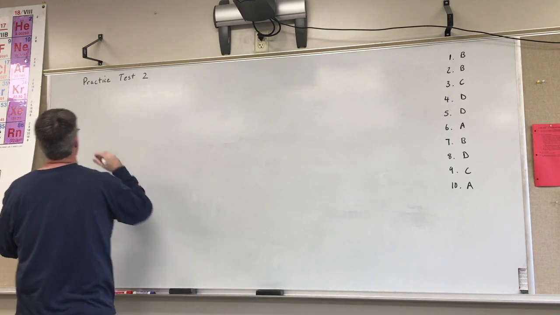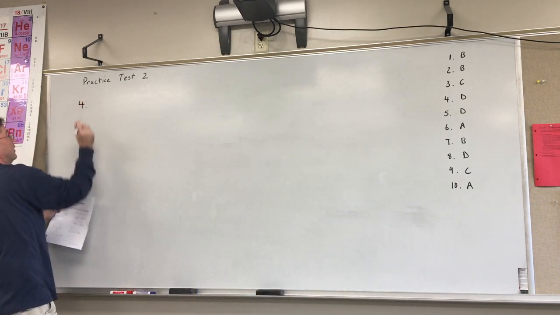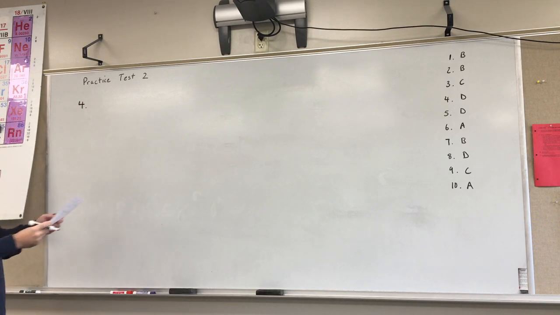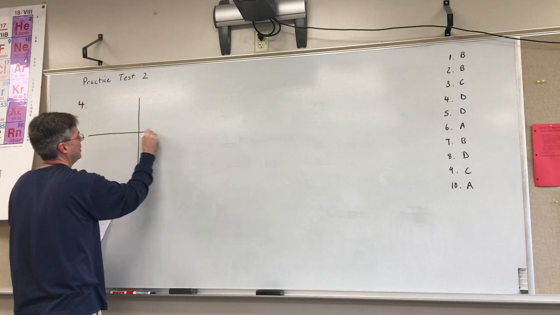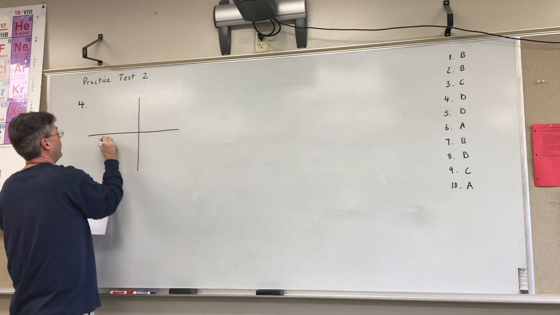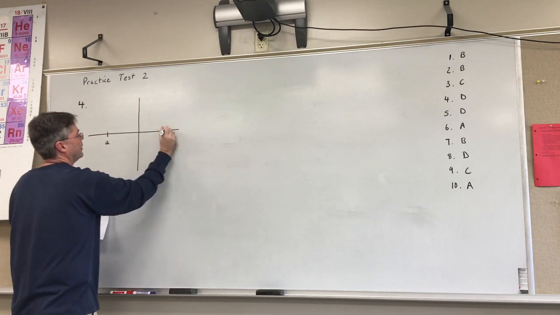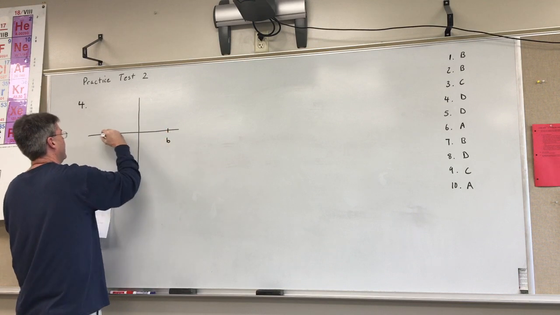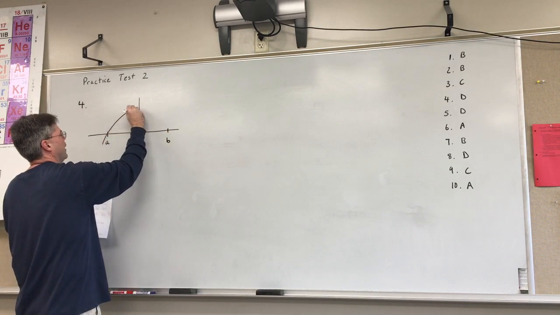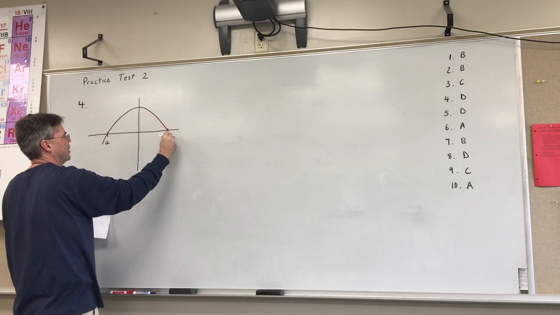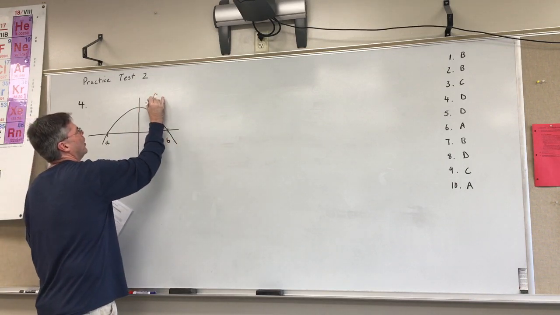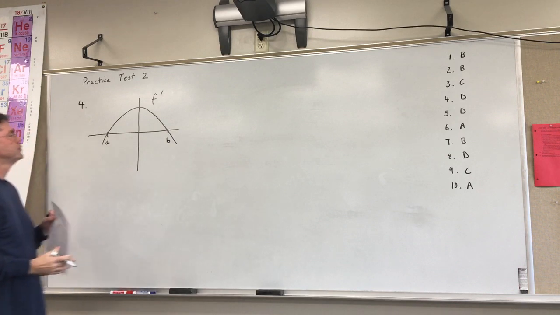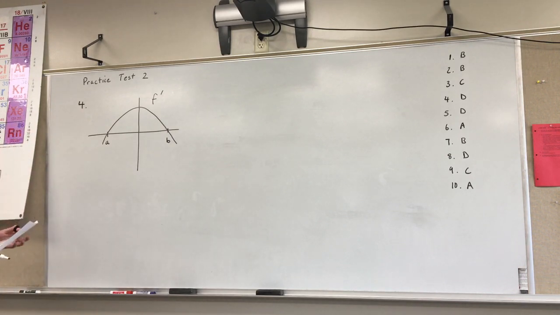Okay, let's look at number 4. Number 4, we've got a graph of f prime, with points A and B, and it looks something like that. Okay, so what is this telling you about f of x?